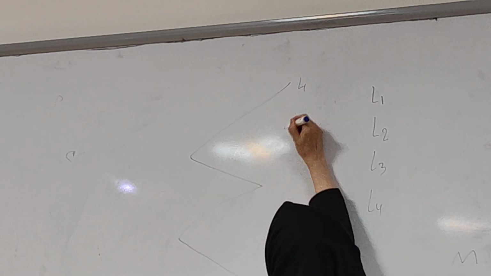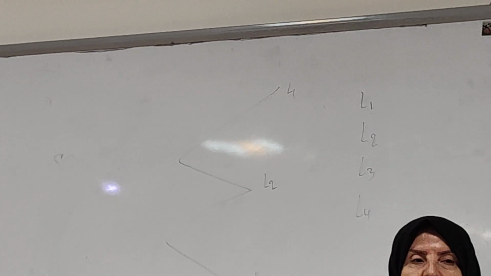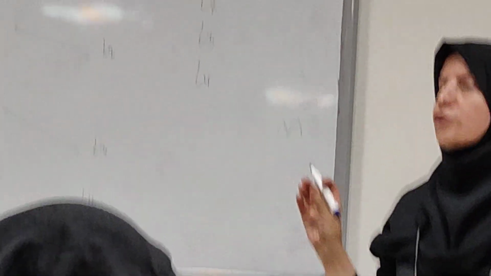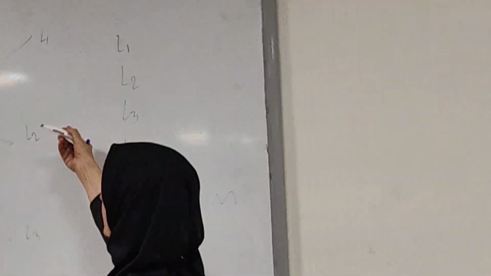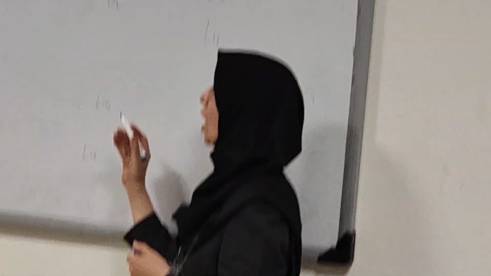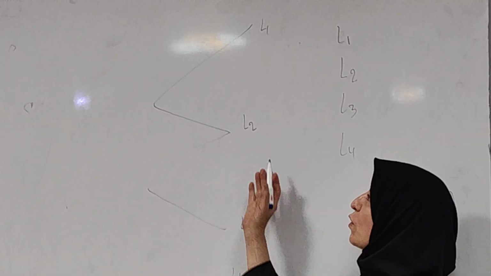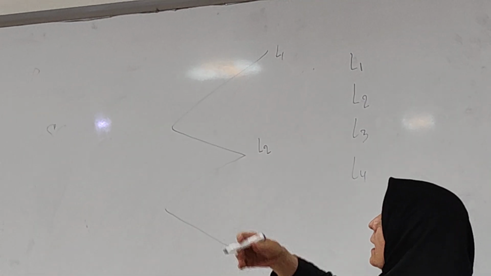L1, L2, L3, L4. All of the ventral branches, all of the ventral nerves that belong to L1, L2, L3, L4 are going to participate to form the lumbar plexus.